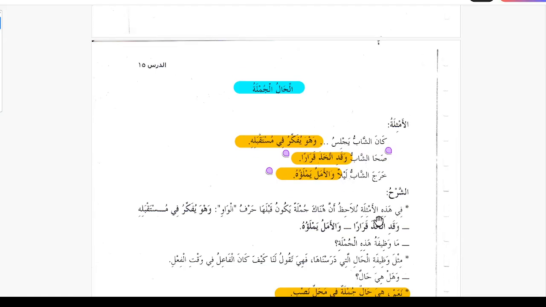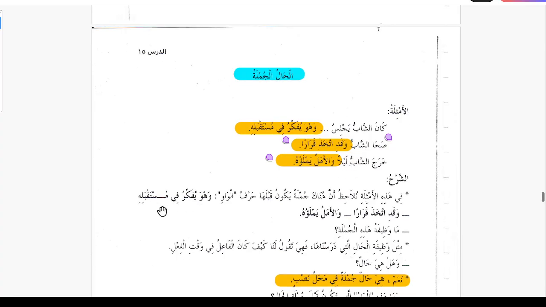So explanation, fi hadhihil amthilati nulahizu, we note in these examples, anna hunaka jumlatan yakunu qablaha harful waw, that in these examples before the sentence there is a harful waw, like the waw here: وهو يفكر في مستقبله, وقد اتخذ قرارا, والأمل يملؤه.